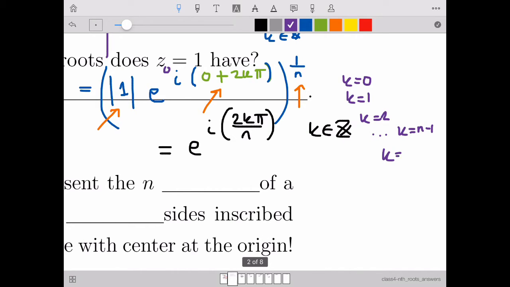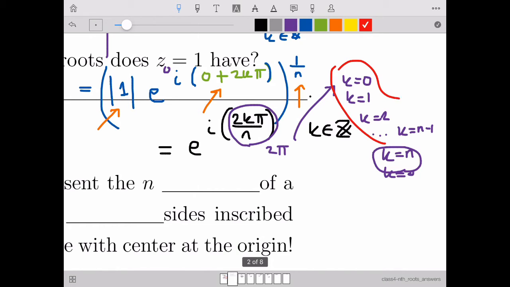And when k is n, this whole thing becomes 2 pi, and then we come back to k equals 0. So k equal to n will be at the same point where k equals 0. So we get n distinct roots for this case only. So there are n distinct roots.